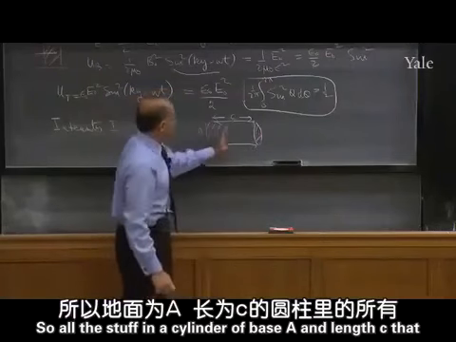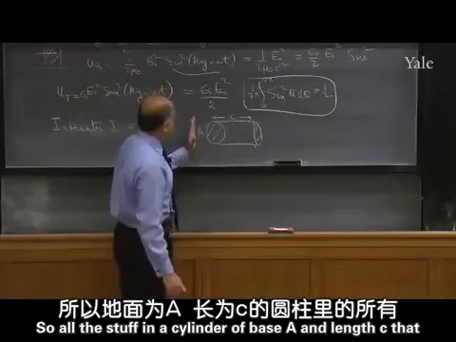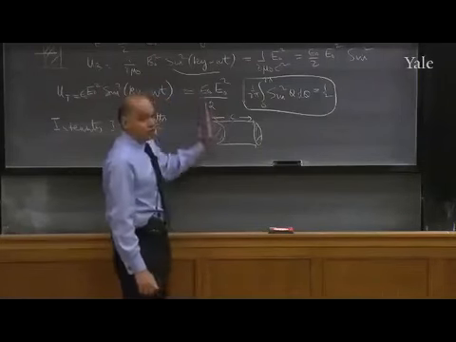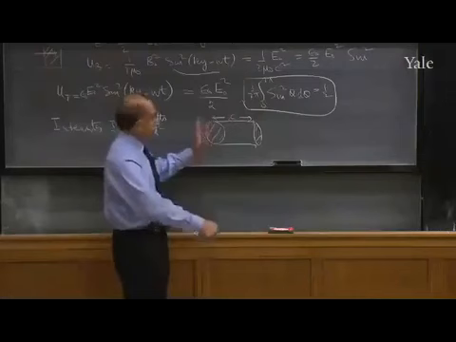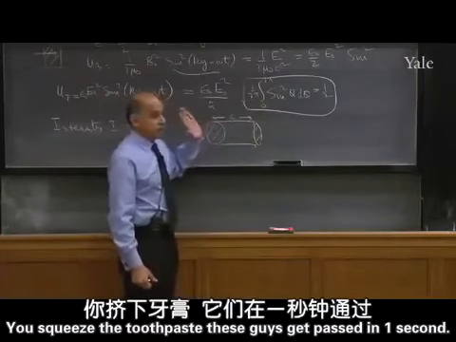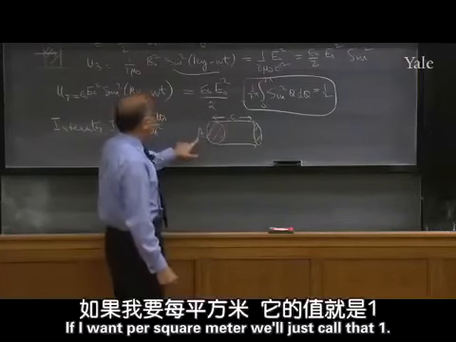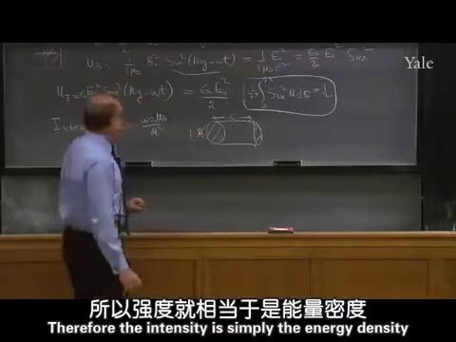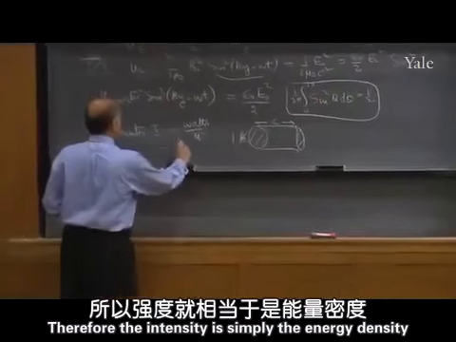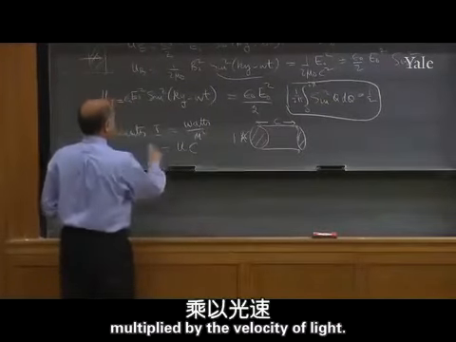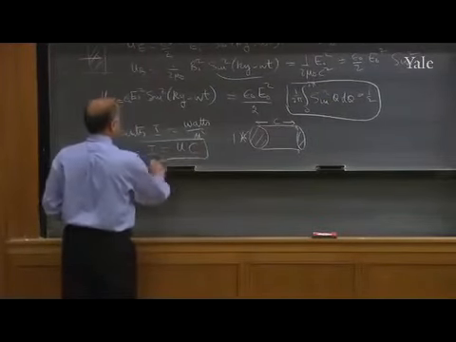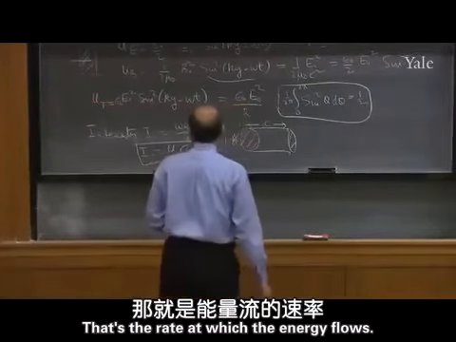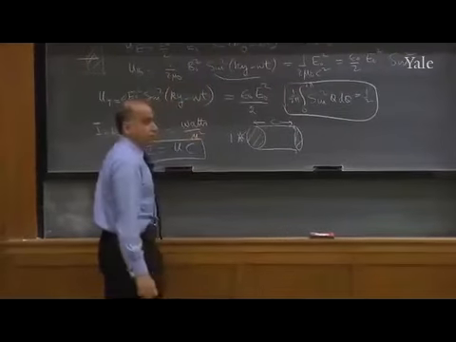So all the stuff in a cylinder of base A and length c, that energy will go past the checkpoint. Can you see that? It's like toothpaste. You squeeze the toothpaste, these guys get passed in 1 second. If I want per square meter, well, just call that 1. Therefore, the intensity is simply the energy density multiplied by the velocity of light. That's the rate at which the energy flows.